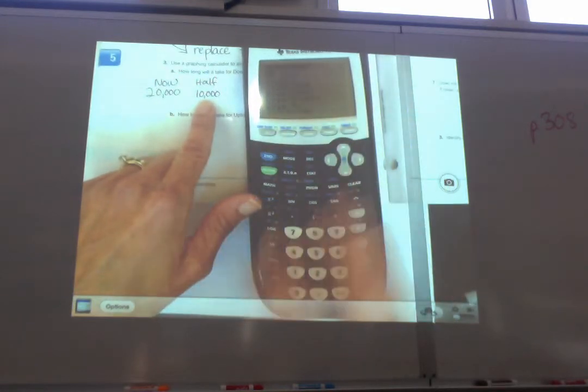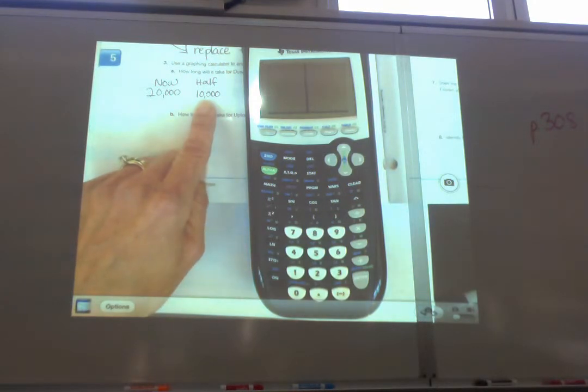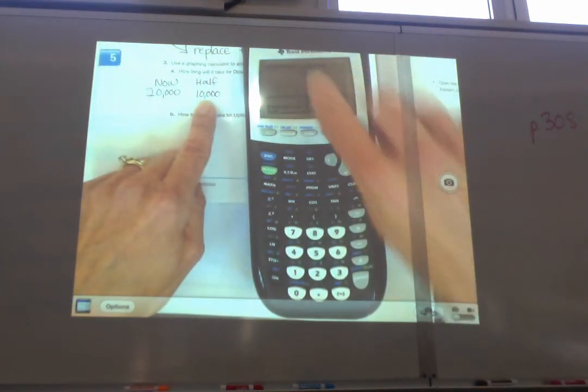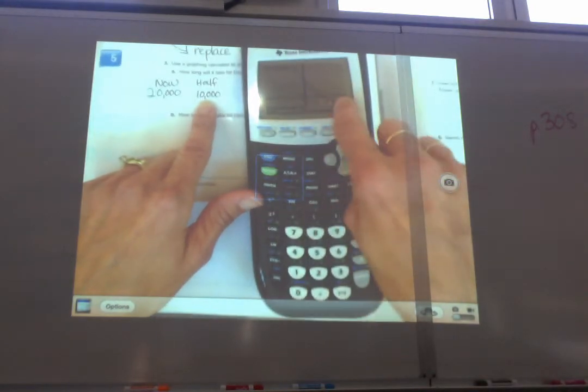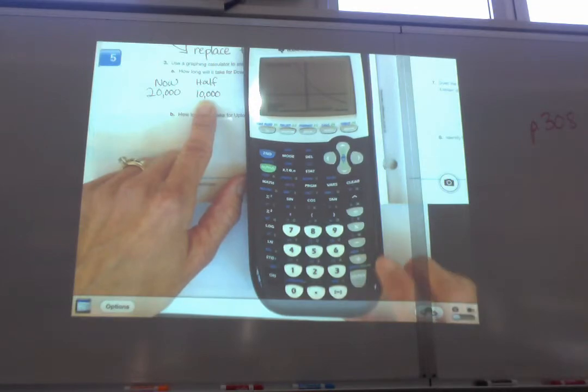Second calc, 5. There's downtown, I know because it's going down. There's the 10,000 flat line. And now it says first curve and it's blinking on the downtown. Enter. Second curve, now it's blinking on the straight line. Enter. Yes.